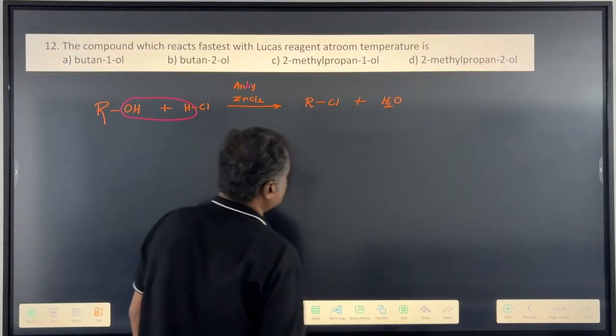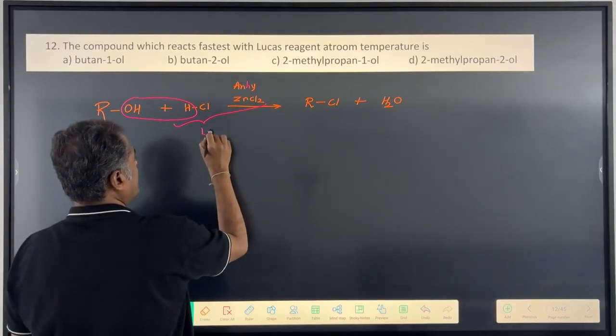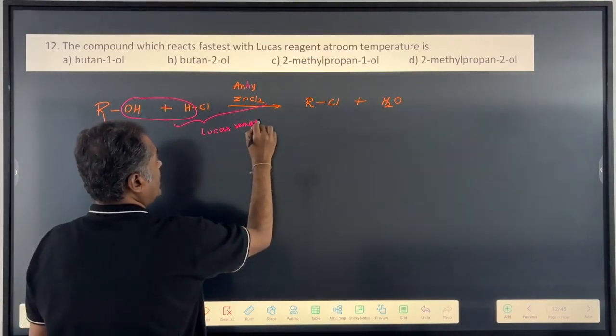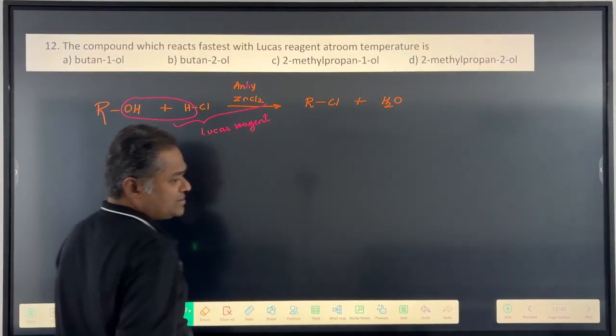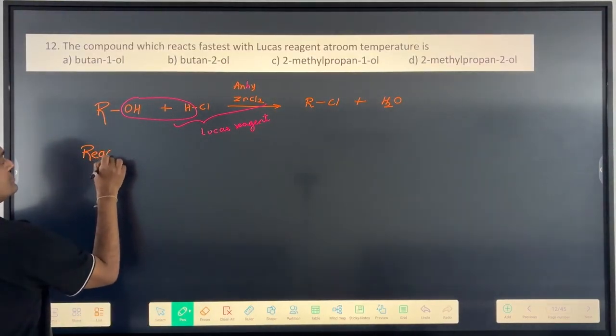Now, question is, HCl plus ZnCl2 is only known as Lucas reagent. Now, the next important part is reactivity order.